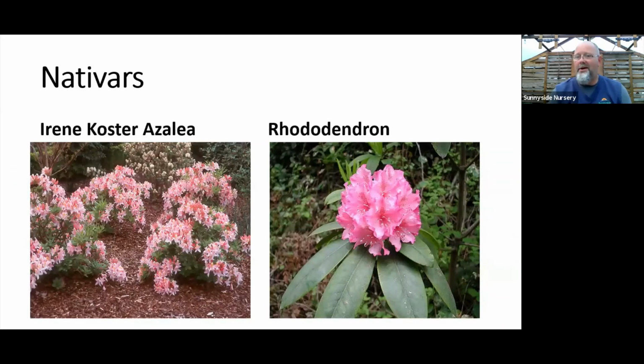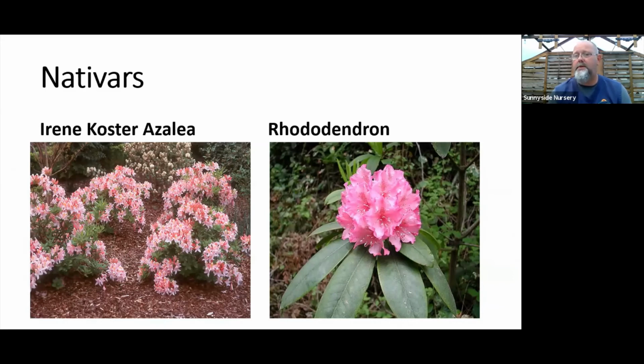Everybody knows around here azaleas and rhodies are native, so we'll touch on a couple of those. But I put a couple up here. Our Western azalea, or Rhododendron occidentale, all azaleas are rhodies after all, gives us some options for color and fragrance. I would find Western azalea growing all over in native areas here in the Pacific Northwest, but I'm probably not going to find Irene Koster.